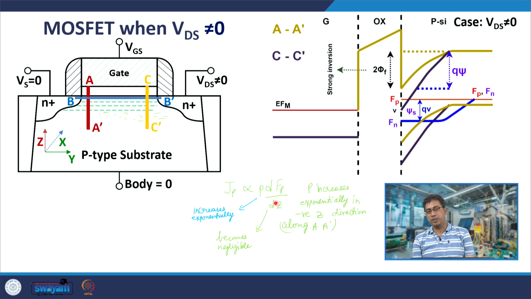Otherwise, Jp cannot be constant, and we know that Jp is very small. The current density of holes is a very small value, and the current density of holes would more or less be constant for the gradual channel approximation. So, here we are dealing with the gradual channel approximation.